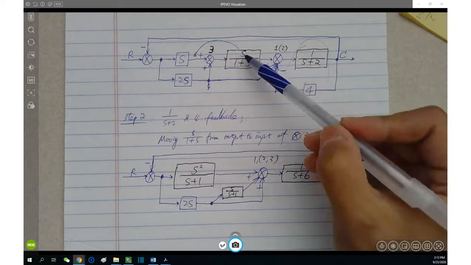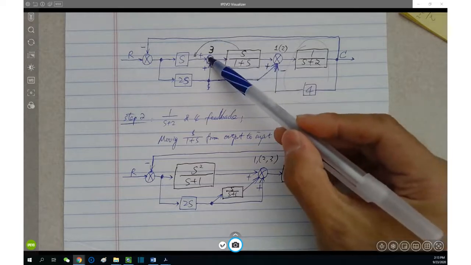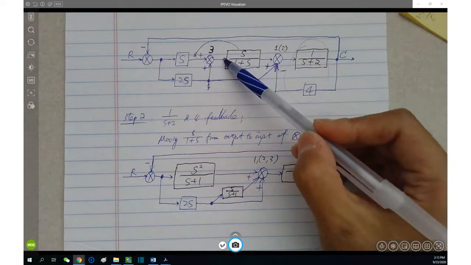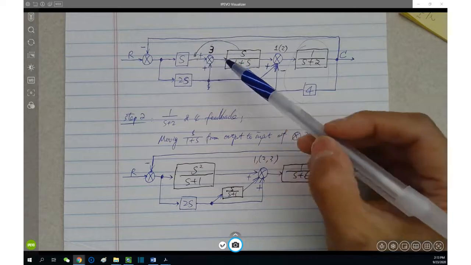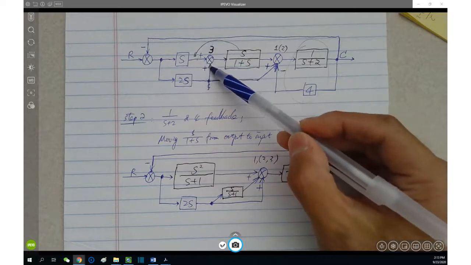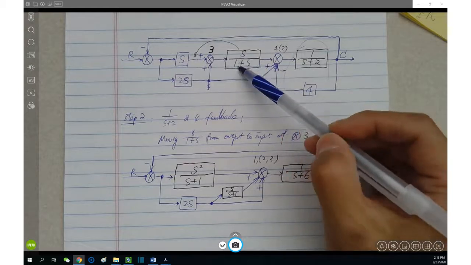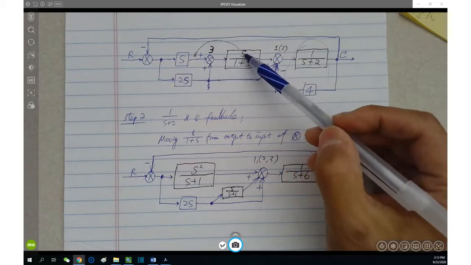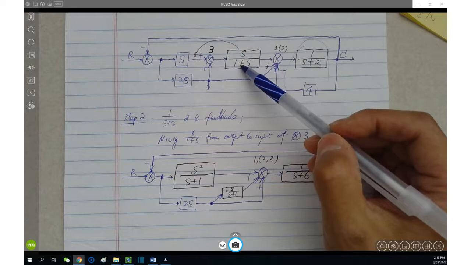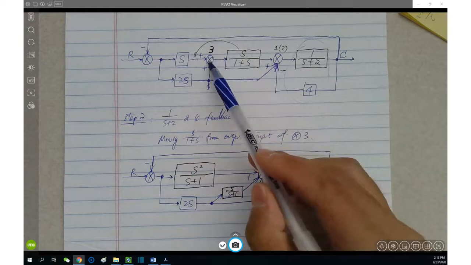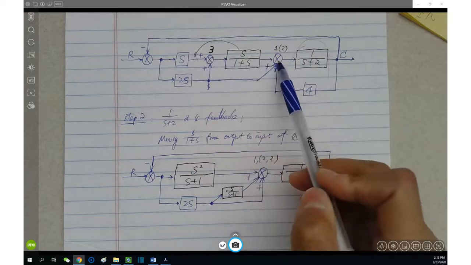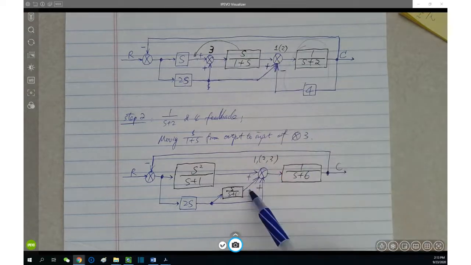You move this block over the summing junction from the output end to the input end, right? So according to that, what should we do? The other input of the summing junction needs to be multiplied by the moved block's transfer function, which is s over s plus 1. That's why you have this guy here. And then you combine number 3 and 1, 2 together. That's why it is over here.